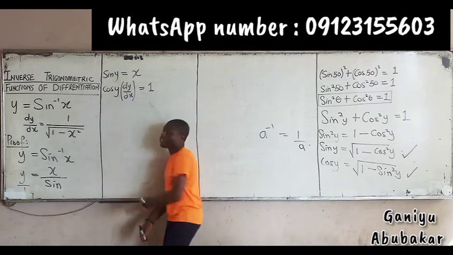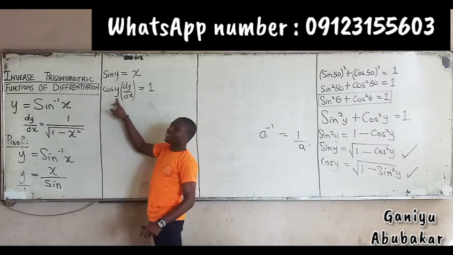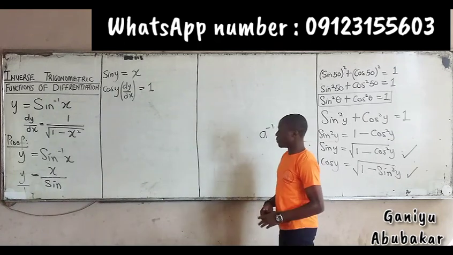And this one using what? The general method. Of course, if I replace sine Y, I'll have what then? I'll have cos Y, then attach dy over dx to it, and it will equal 1.